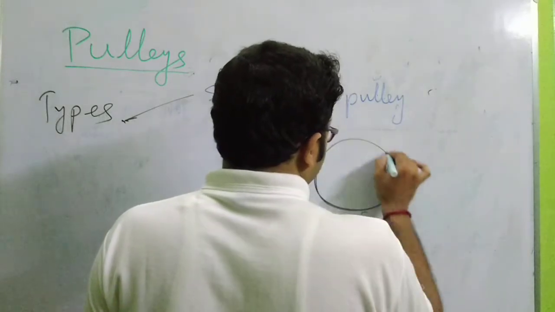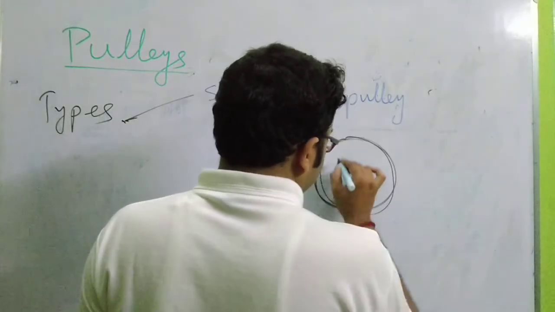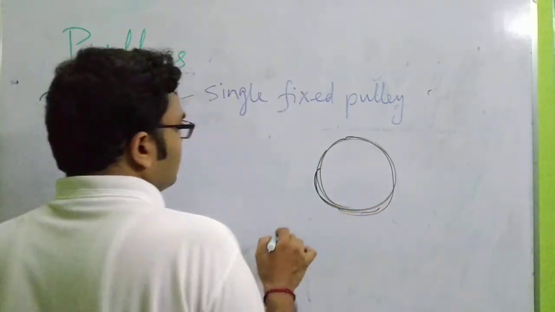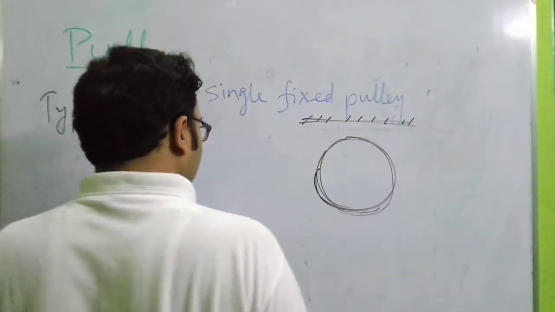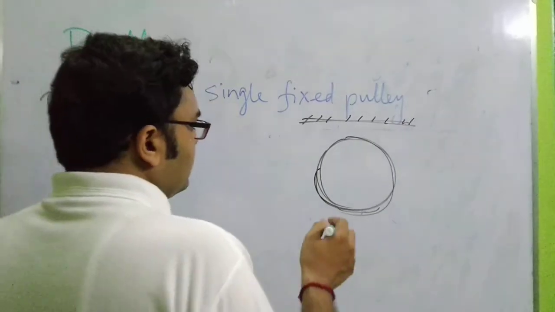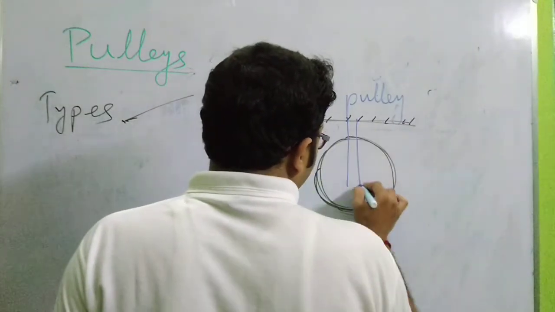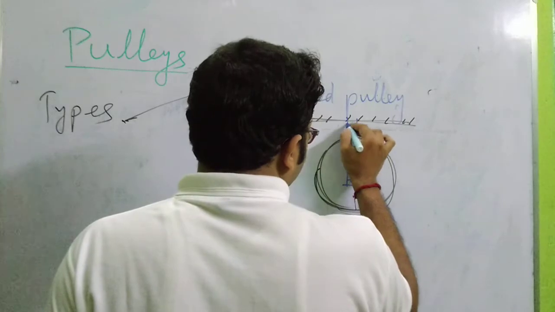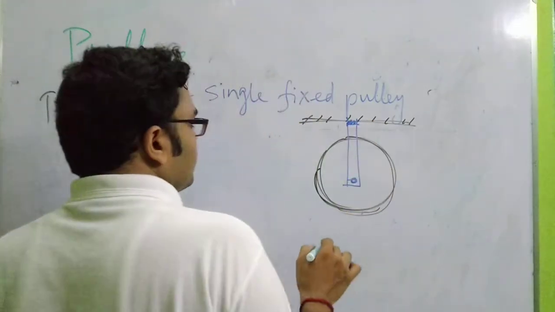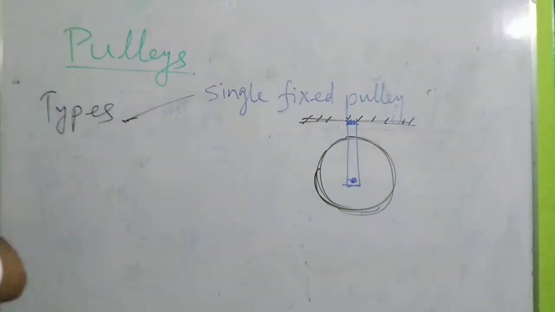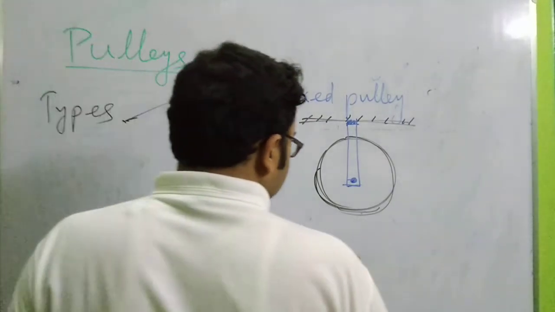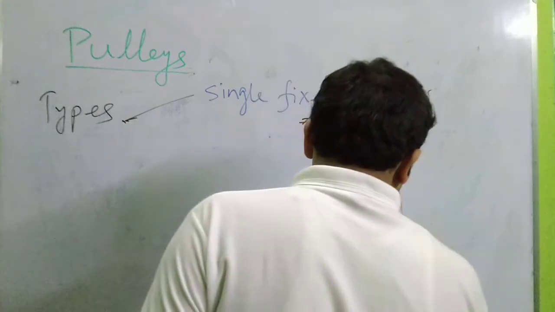Seen from the side, this is the circular wooden disc, and here is a rigid support, say the ceiling of your roof, and the pulley has been attached firmly to it. This is the structure, and the rope is passed over like this.